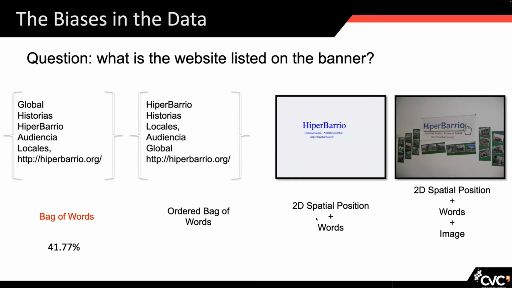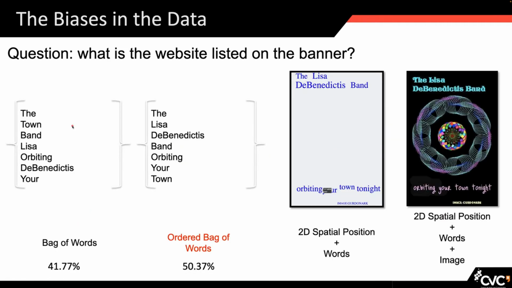If we just give this model the bag of words, shuffling all the words, then this model automatically gives 41% accuracy, because this model already knows what is a website, and it doesn't need to look at any of these tokens at all.